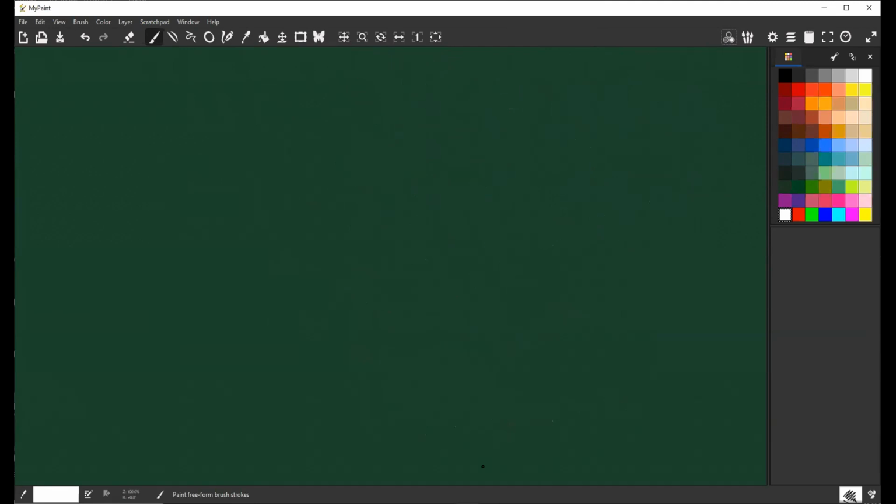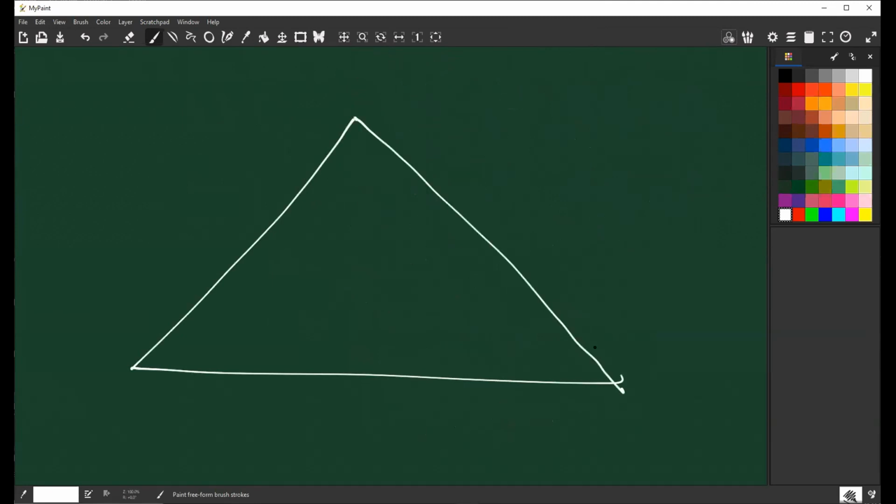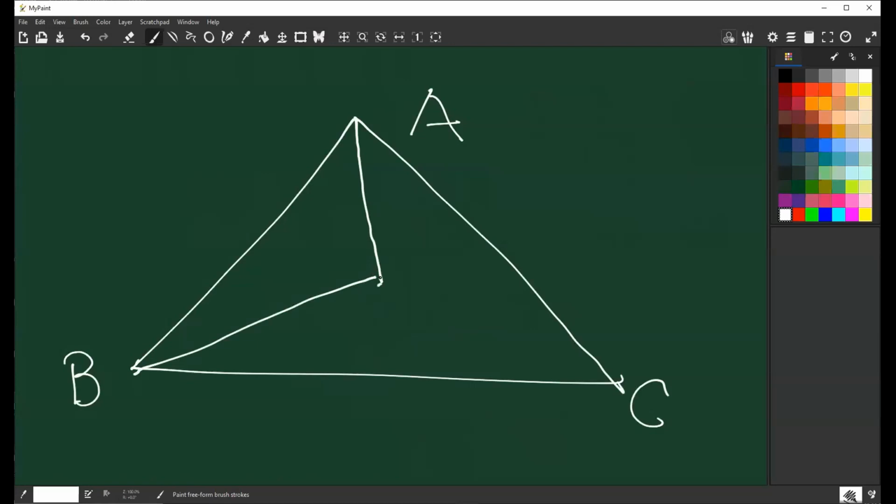Now, before I do the next sum, I think I will explain the incenter once. Rujita wants it. Incenter means, if I take a triangle ABC, the bisector of angle A, the bisector of angle B, and the bisector of angle C. Bisector means you have to show these two equal, and these two equal.